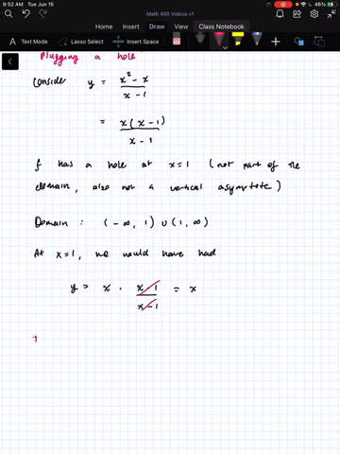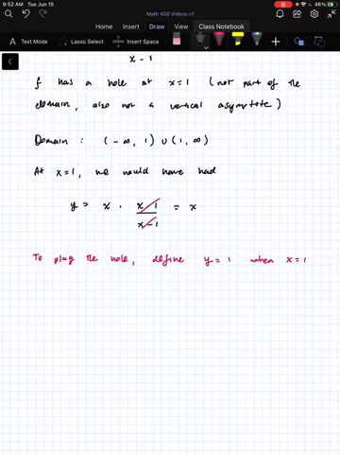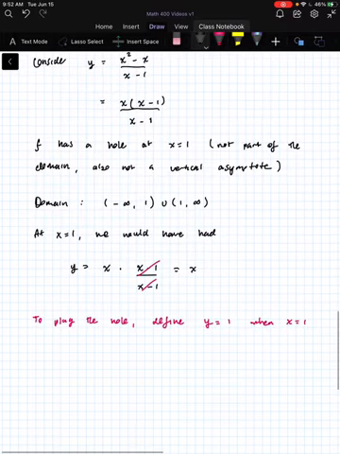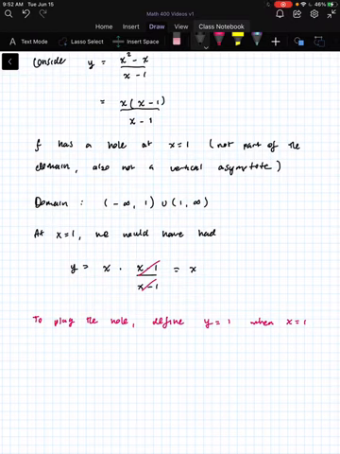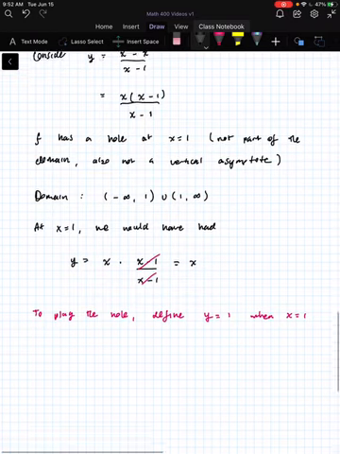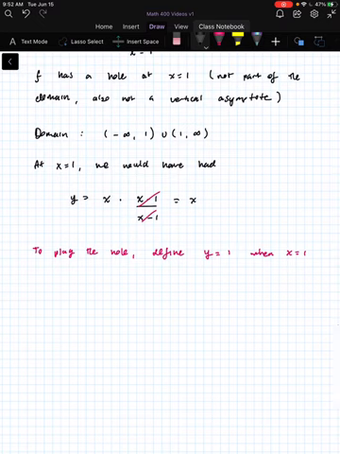So to plug the hole, define y equal to 1 when x equals 1. Does that make sense? Because otherwise, remember that if x is not equal to 1, you can just cancel those expressions and you just have the expression y equals x.